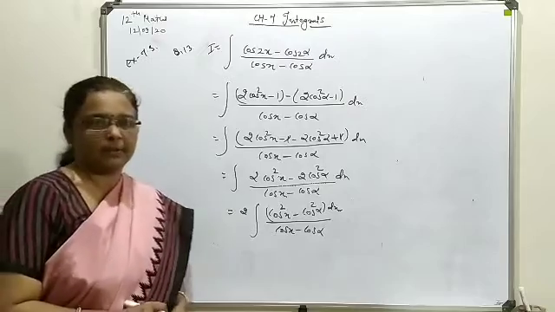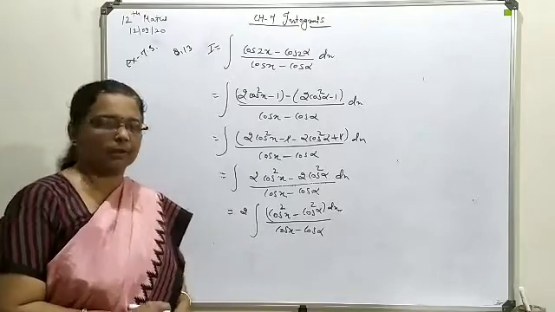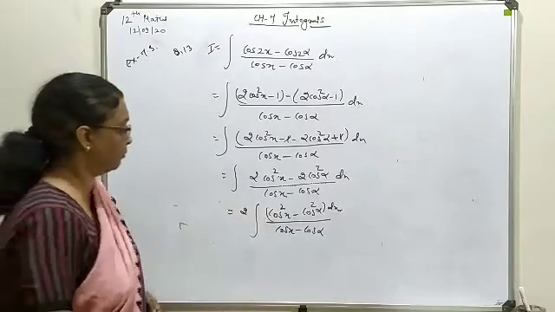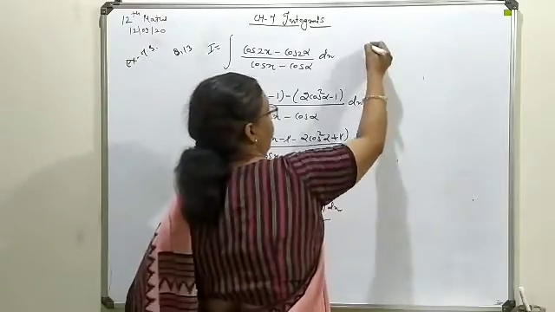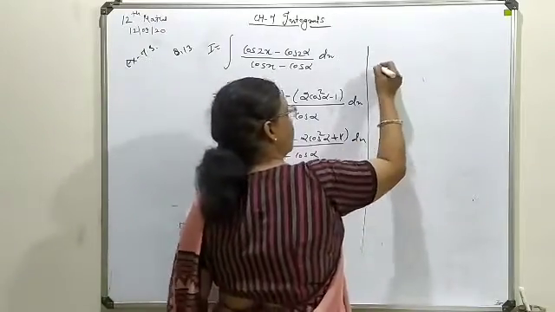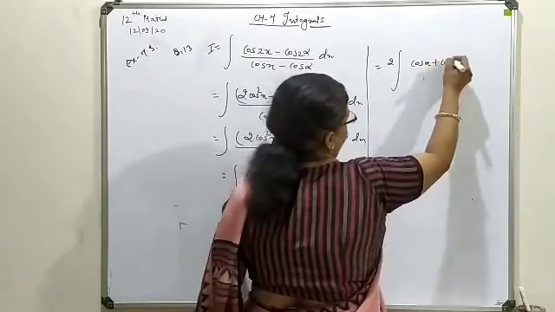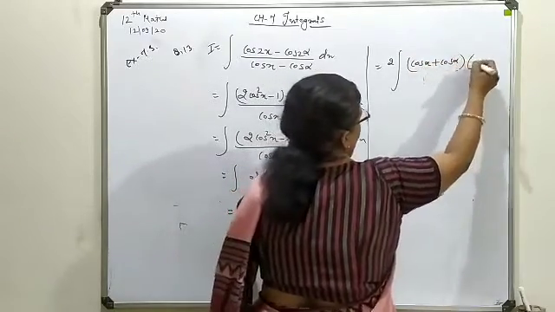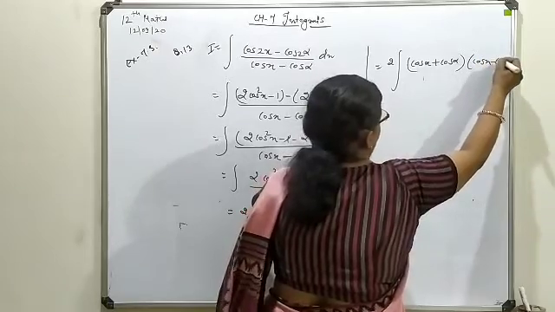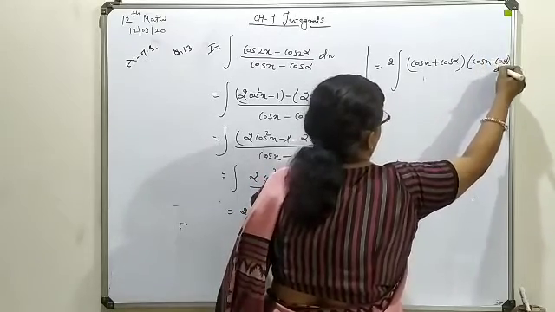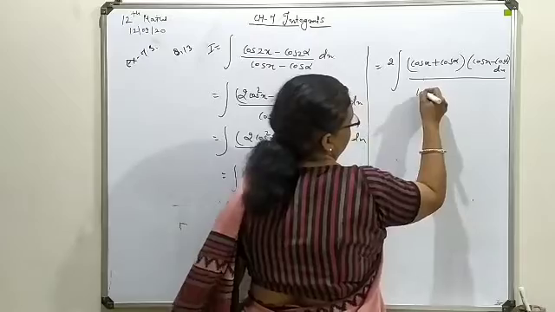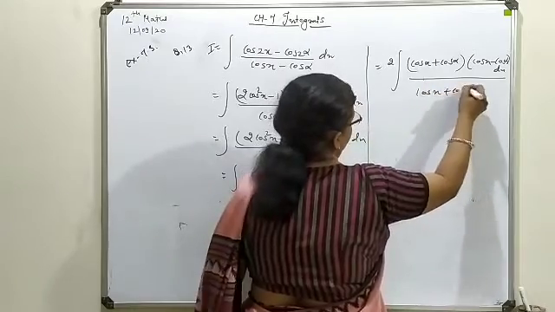Again it is to be split as a plus b and a minus b form, both are carrying the square form. So further it will be handled as 2 cos of x plus cos of alpha, cos of x minus cos of alpha dx whole over cos of x minus cos of alpha.